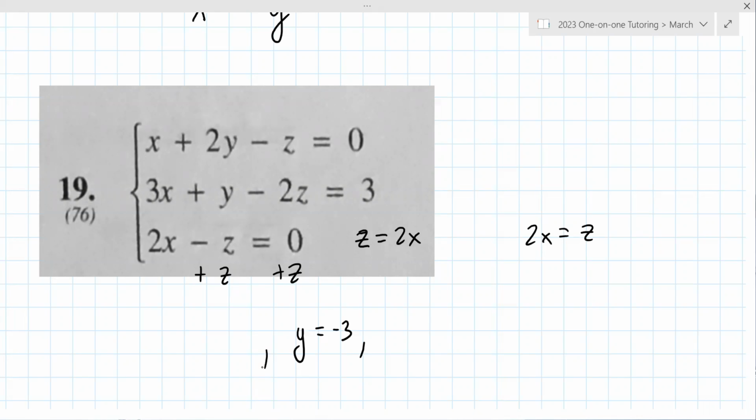X equals -2. There's an issue on that one. Take one more look at that.